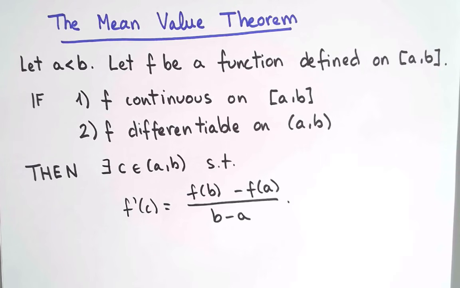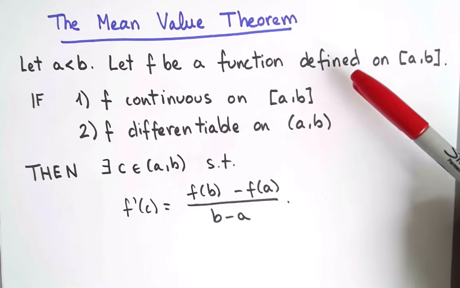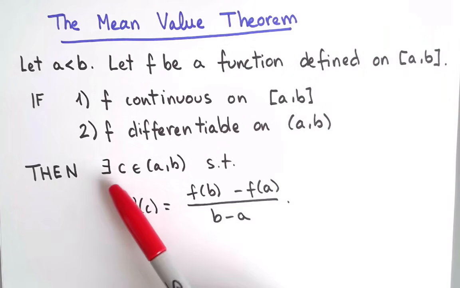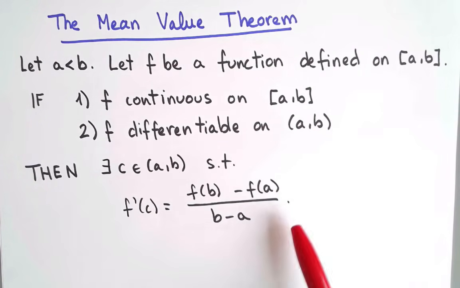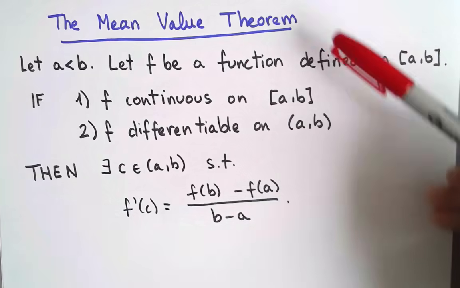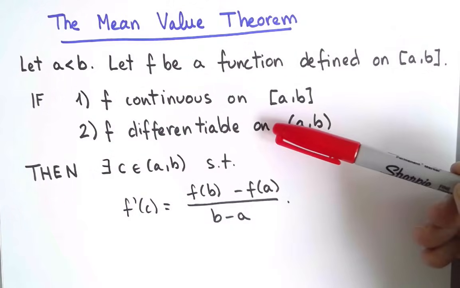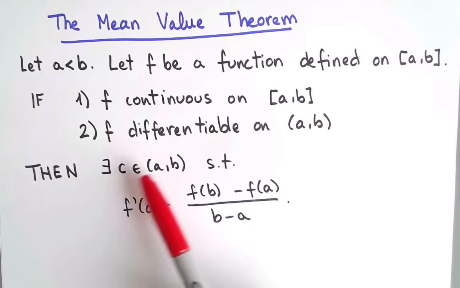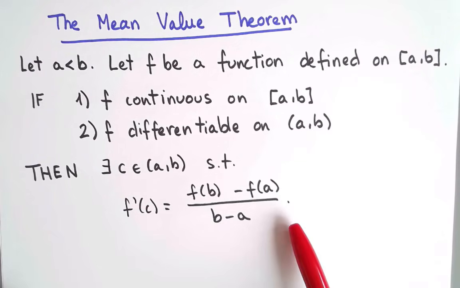But before that, a few comments. The mean value theorem doesn't simply say that this equation is true. The mean value theorem says that if these hypotheses are true, then there is a point in this domain that makes the equation true. So it's not merely an equation, it's all of this. If these hypotheses are true, then there exists a value in this domain that makes the equation true.